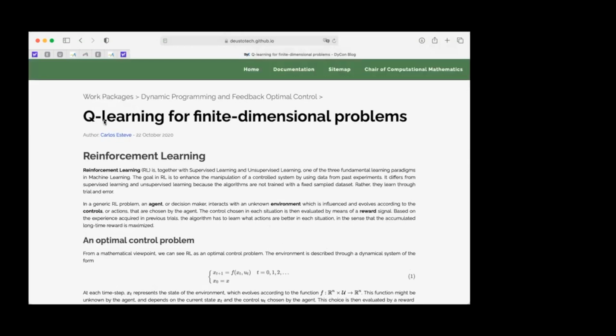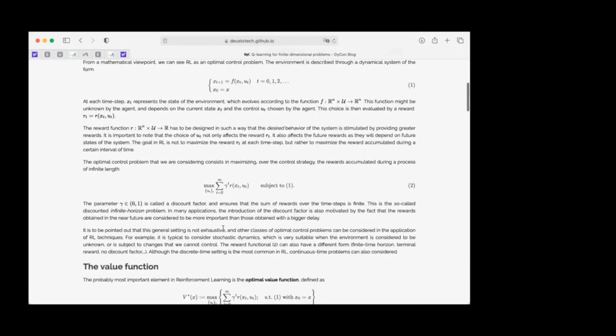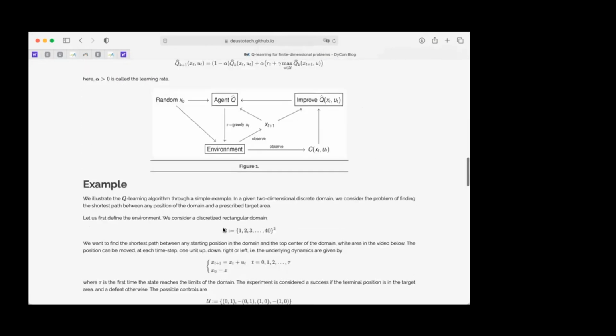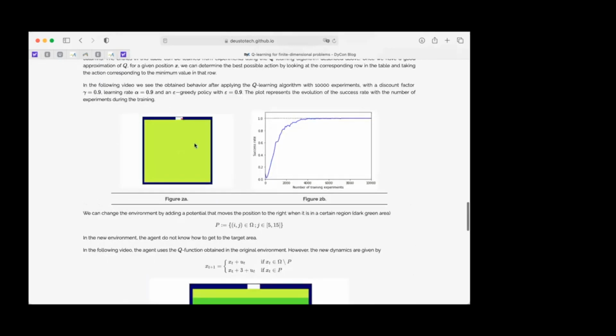This is, for instance, the classical paradigm of reinforcement learning for finite dimensional problems. And you will see how it has been implemented. And then in the end, you have a video in which you can visualize how a person that is living in this cavity and is not able to see where the door is because everything is hidden, finally can develop a machine learning strategy in order to get out of the cavity quite fast.